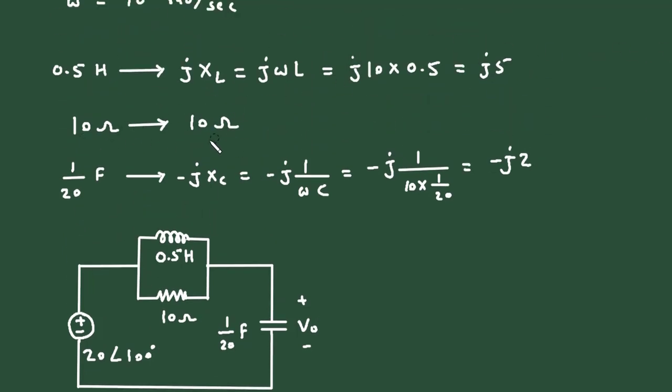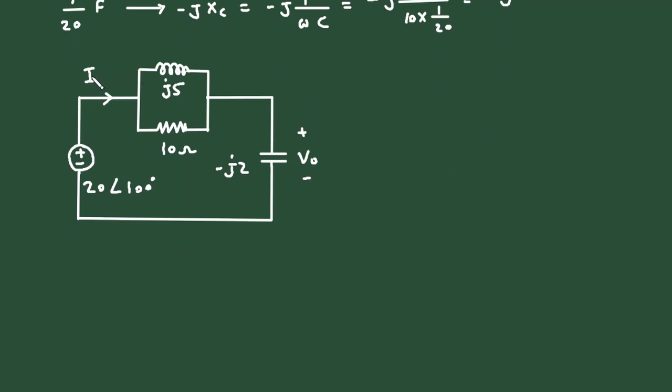This 10 ohm will remain as it is, but this 0.5 Henry will be replaced by j5, and this 1 by 20 farad will be replaced by minus j2. So we have to find the value of this current I, and then we multiply this I with this value, then we get the value of VO.